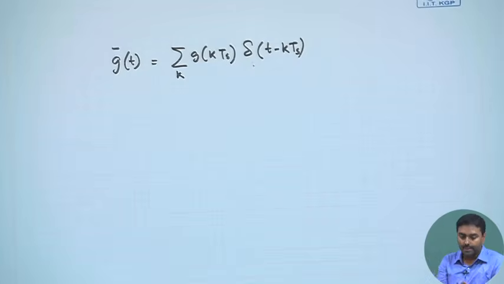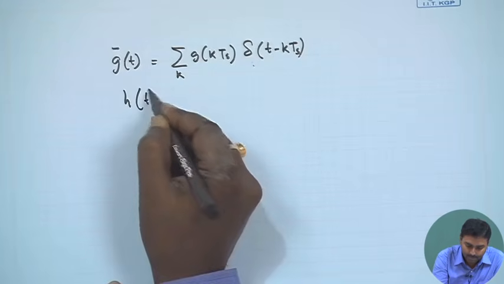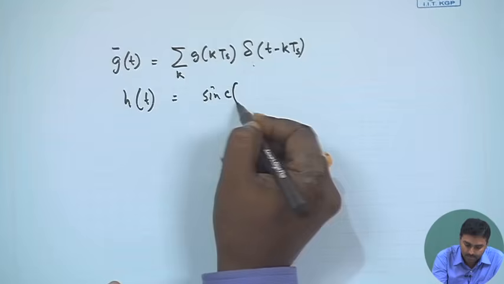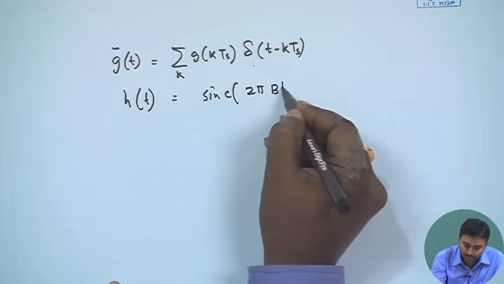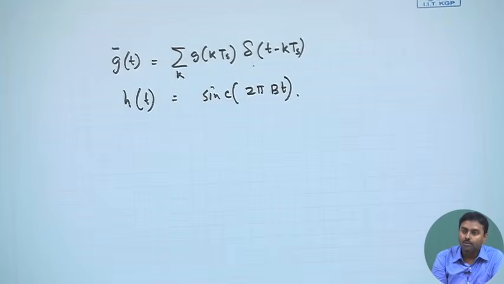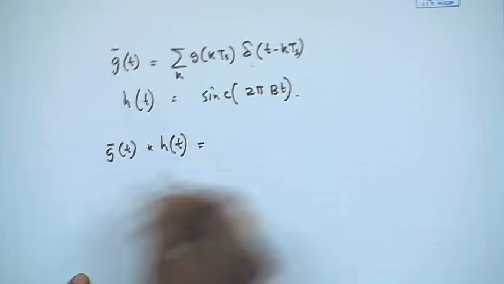Okay. So, this is the g hat(t) and my h(t) is sinc 2 pi bt, right. So, what will be the output? It is convolution, we know it is a linear time invariant system because it is ideal. So, the output will be the convolution of h(t) and g hat(t).